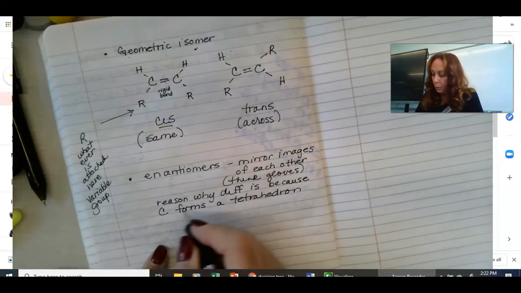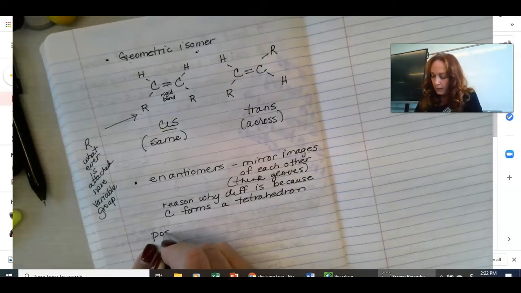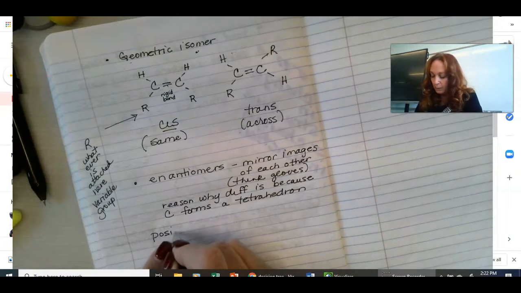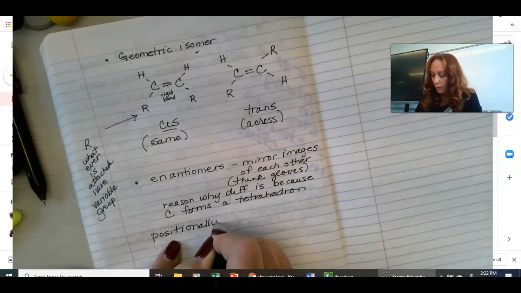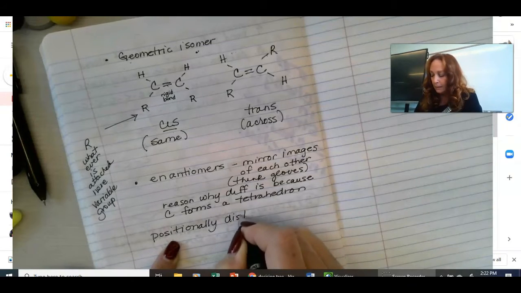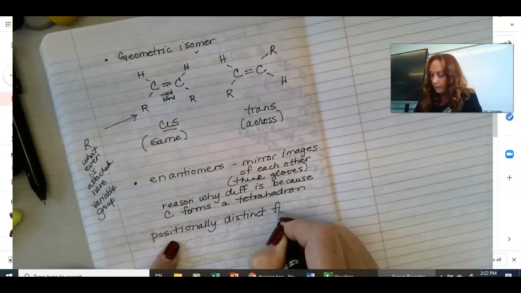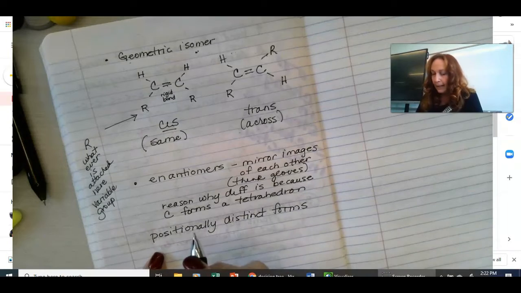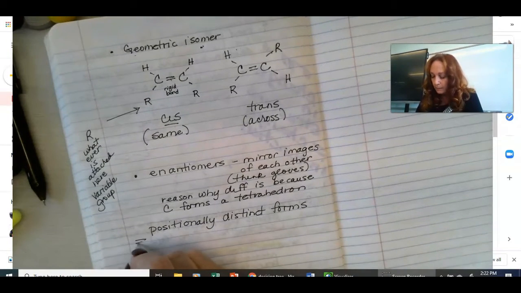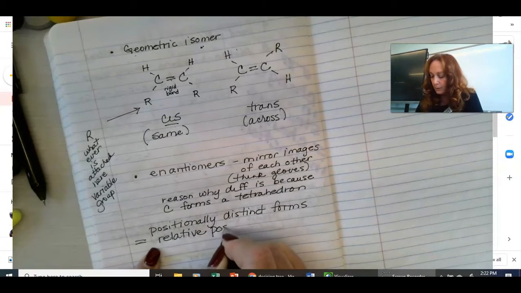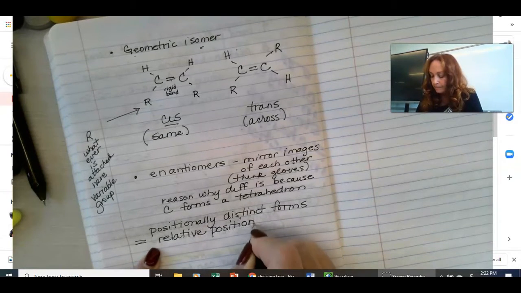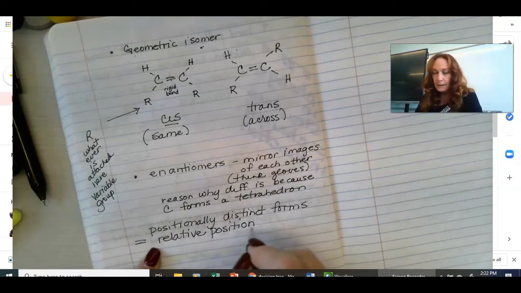So the way to put this is that they're positionally, I made that word up, distinct forms. And what it really is, is relative position of all of what's attached to the carbon.